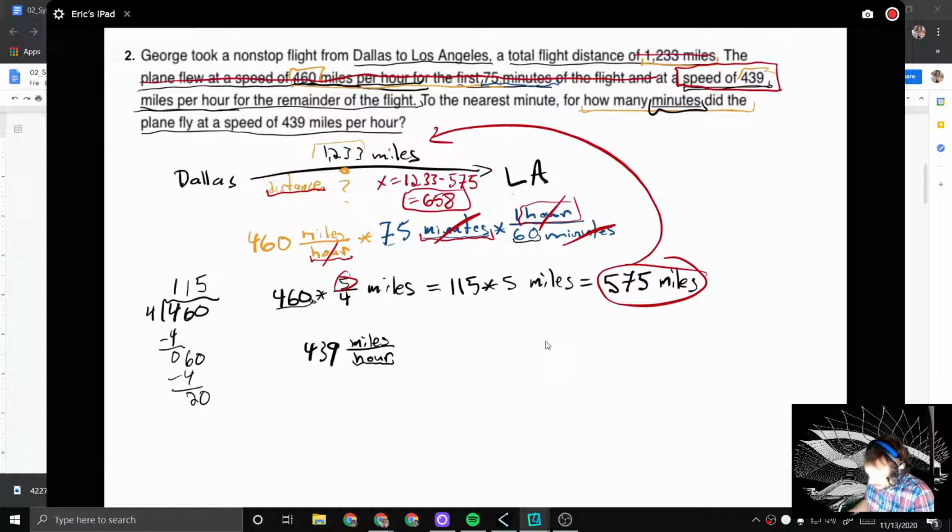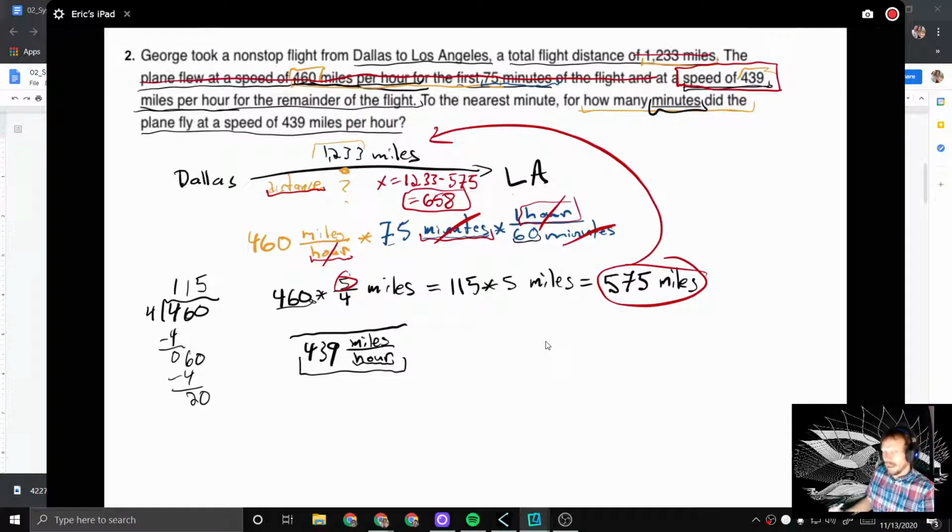If I switch that, times 1 hour per minute, that would give our miles per minute, it would still have the problem of having the hours in the denominator, right? We need to get that time out of the denominator. So the way we're going to do it is we're going to divide by this. When you have a fraction in the denominator, it flips it. So if we take something and put it in the numerator up here and divide by miles per hour, it's going to turn that miles per hour upside down.